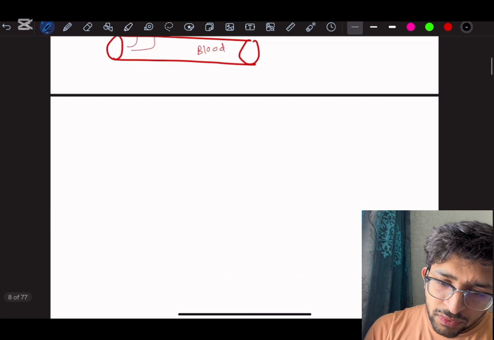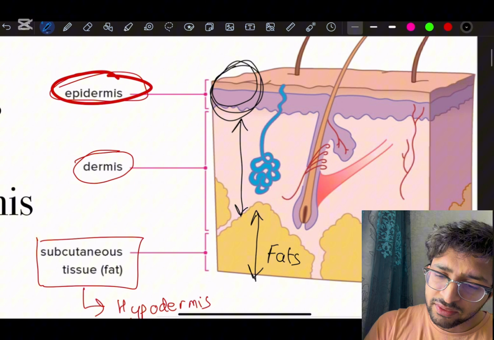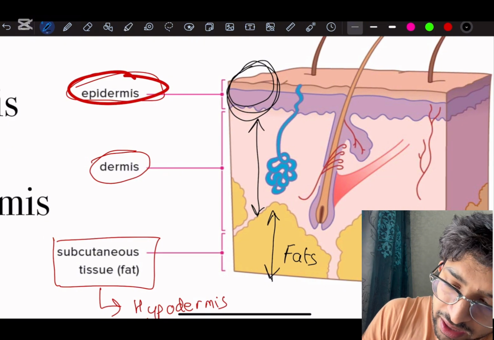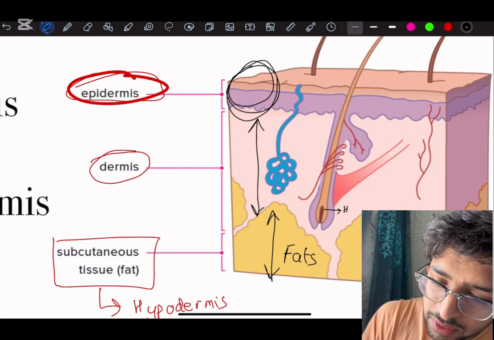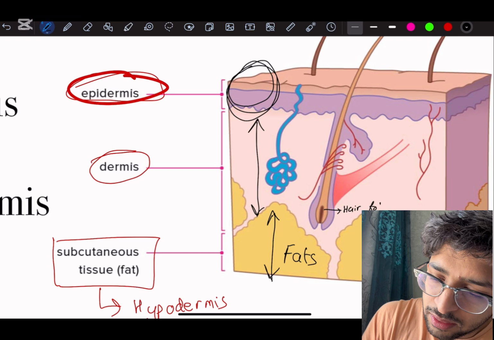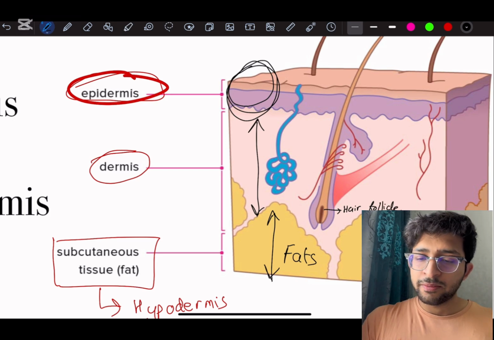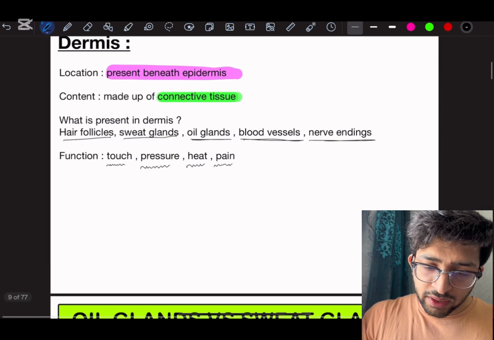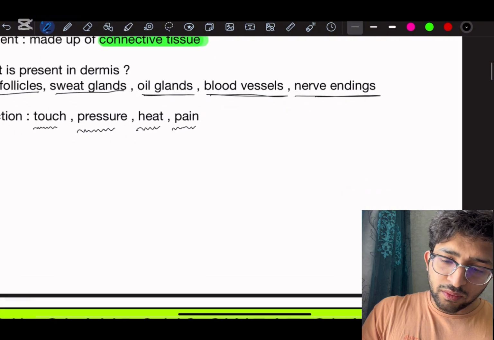So for example, over here, these are the hair follicles which are present in the dermis. Let's draw one diagram so that we will have an idea about it.